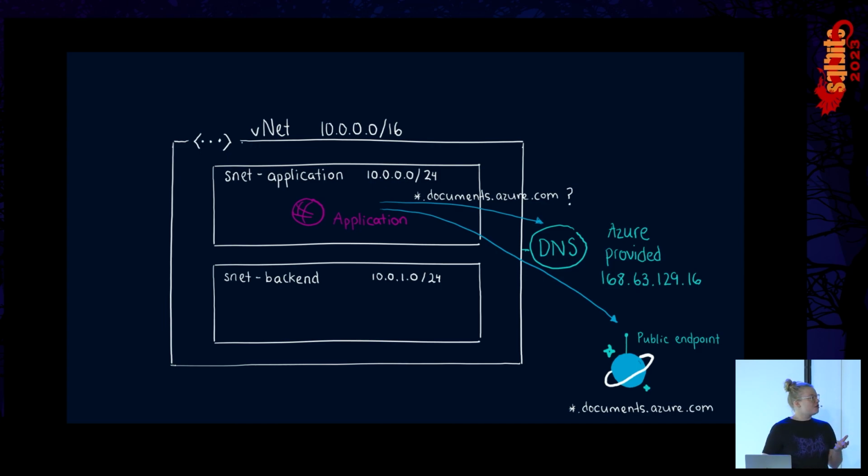And since I mentioned service endpoints, it does work the same way when you use service endpoints. Sometimes with service endpoints, it feels like it's a more private configuration, which it is a little bit, but you still have that public endpoint available, and you're creating a trust relationship between your subnet and that public endpoint, so that it can only receive traffic from that particular subnet.